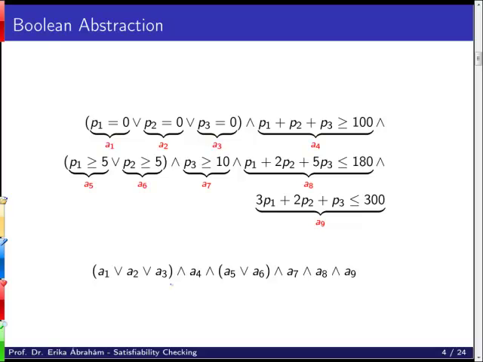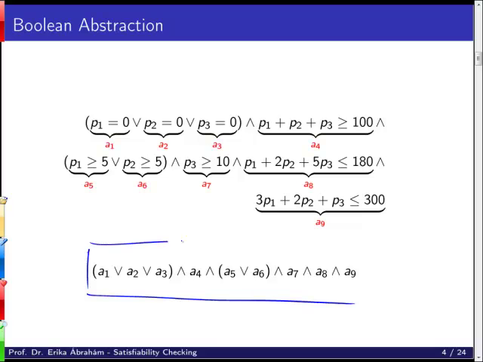So from this formula, which contains constraints from linear real arithmetic, we first make a Boolean abstraction. And this is the one at the bottom. First we search for Boolean solutions for this reduced problem, for this abstraction.